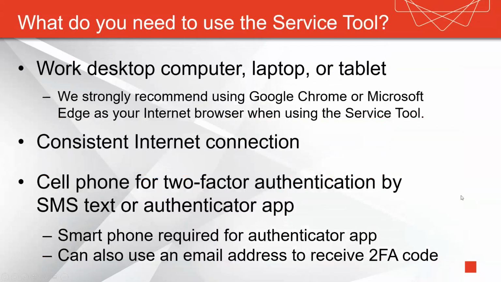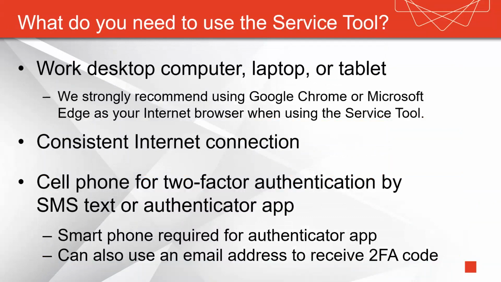So what do you need to use the service tool? It is an online tool, so you'll need a consistent internet connection, whether from your office or Wi-Fi. Any internet connection will work. It's a secure site. You can access the tool using a work desktop computer, laptop, or even a tablet.